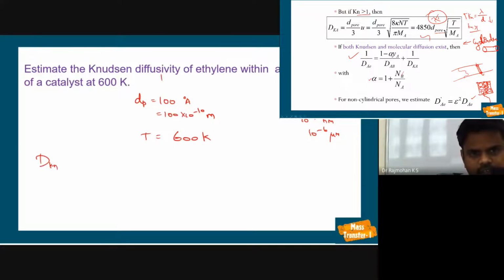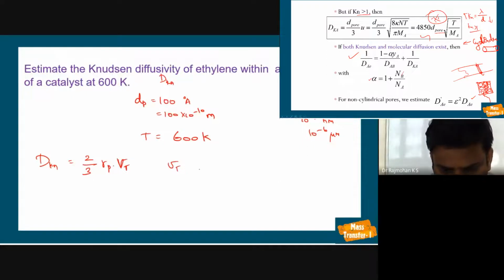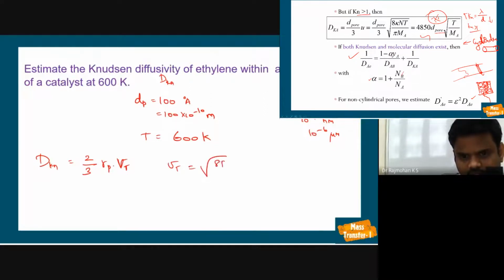Knudsen diffusivity D_KA is given by 2 by 3 Rp into Vt, where Vt is the average velocity of molecules, which is vibrating at its thermal energy. So Vt is equal to square root of 8RT by pi m.